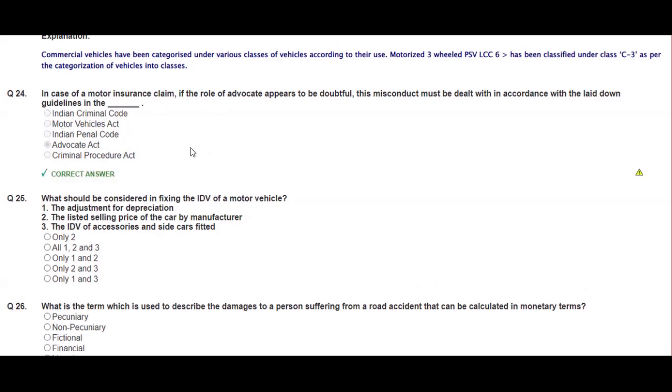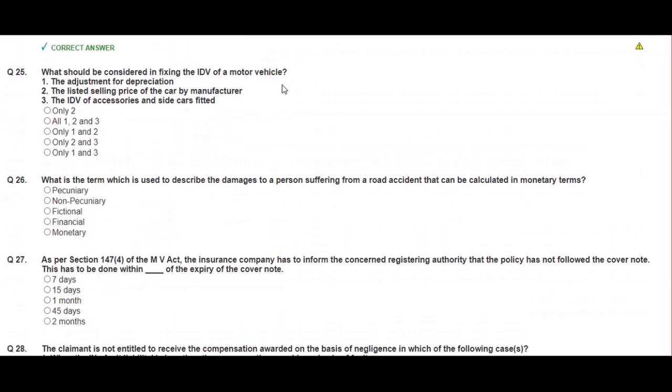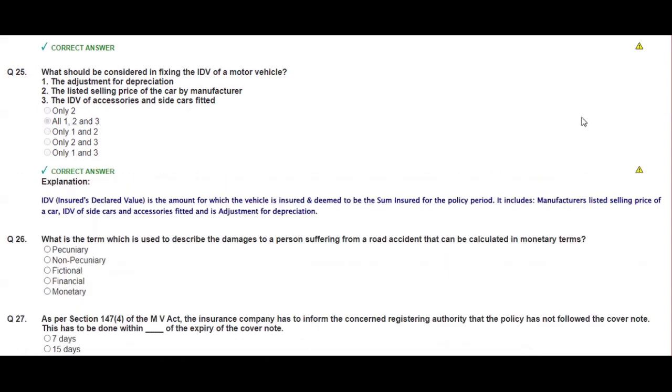Simply we choose Advocates Act. What should be considered in fixing the IDV under the Motor Vehicle Act? It is depreciation, listed selling price of the car by the manufacturer, the IDV Act. This answer is all the above.